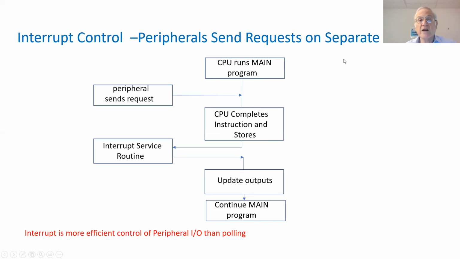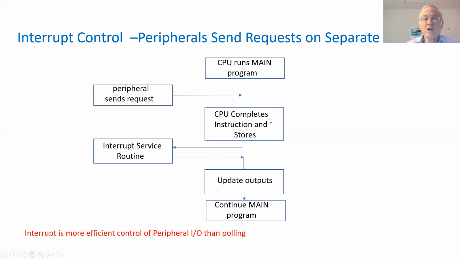A more effective way is interrupt control, where the peripherals send an interrupt request to the microprocessor. In this configuration, the CPU runs the main program. Then the peripheral sends a request to the CPU whenever it needs to.